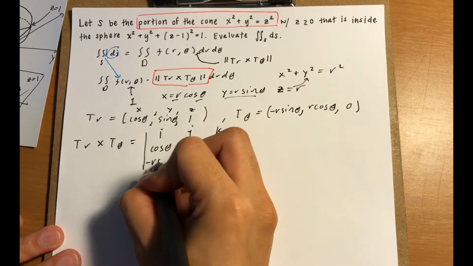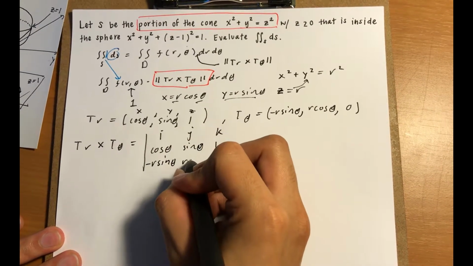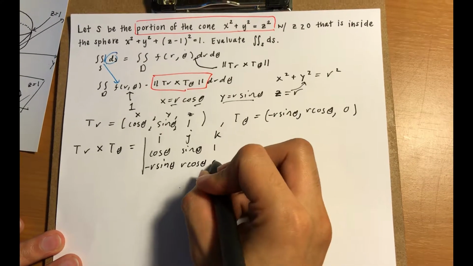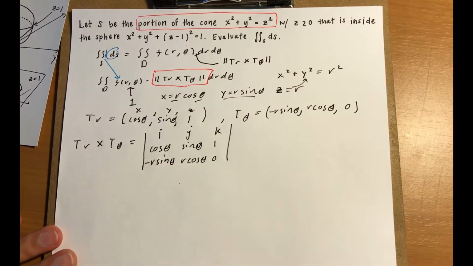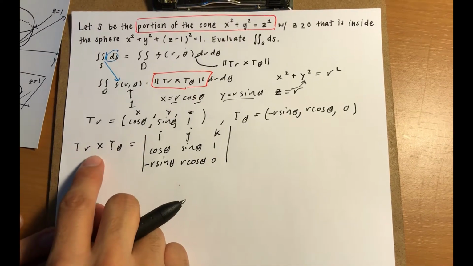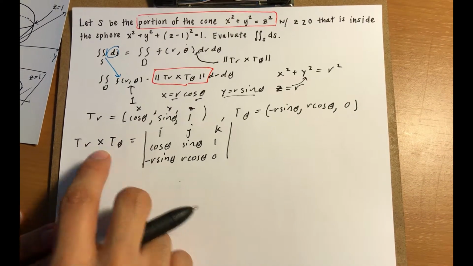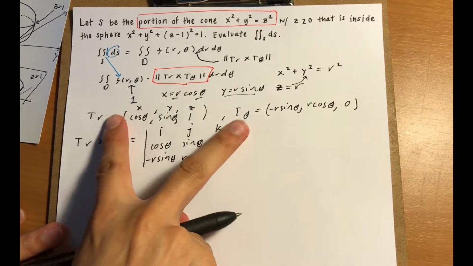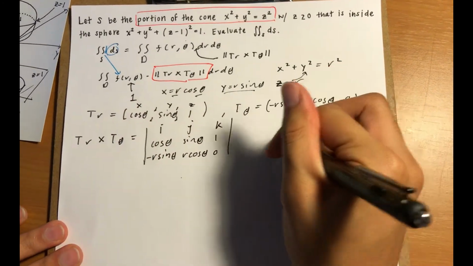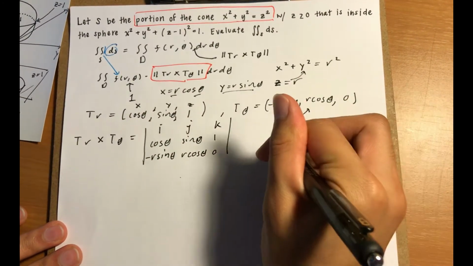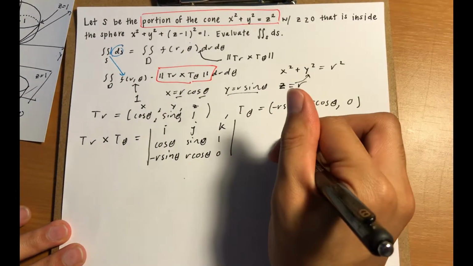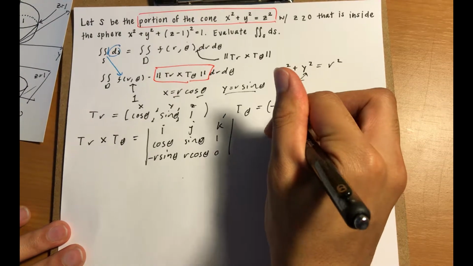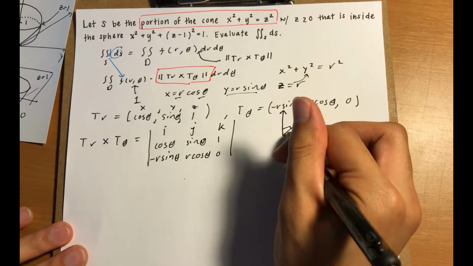Then negative r sine theta, r cosine theta, 0. This row is tangent vector theta. The reason I want this cross product is that these two vectors are tangent to the surface, and if we take the cross product, we get a normal vector that is perpendicular to both.